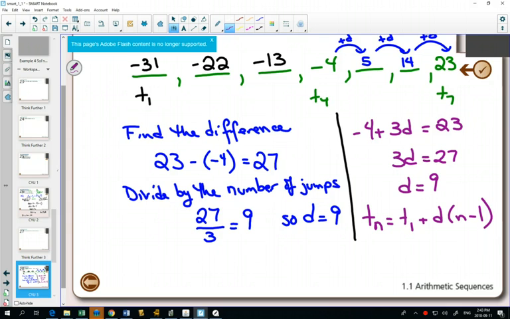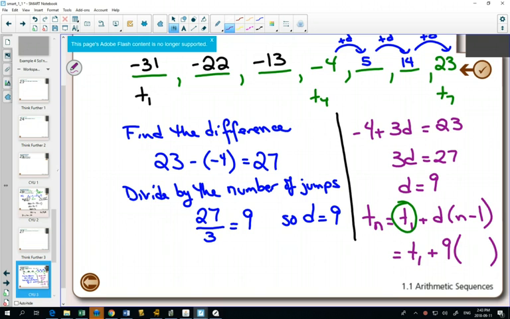I want to find term 1. So in order to solve for something, since I want to find term 1, are there things that I know that I can put in for everything else? In this case, I know D. D is 9. Do I know any terms? I know term 4. I know term 7. And in this case, it's not going to matter which one you choose.